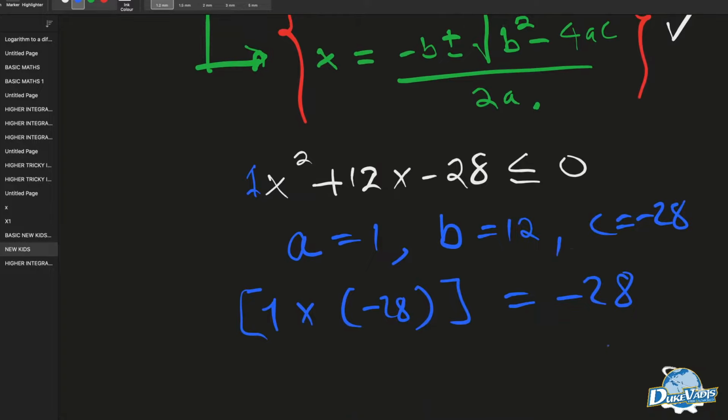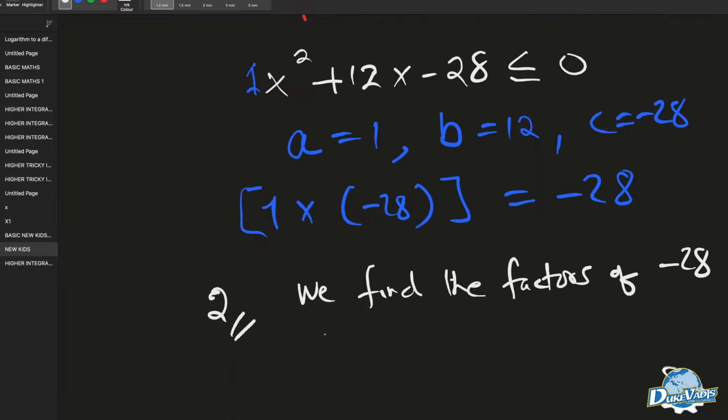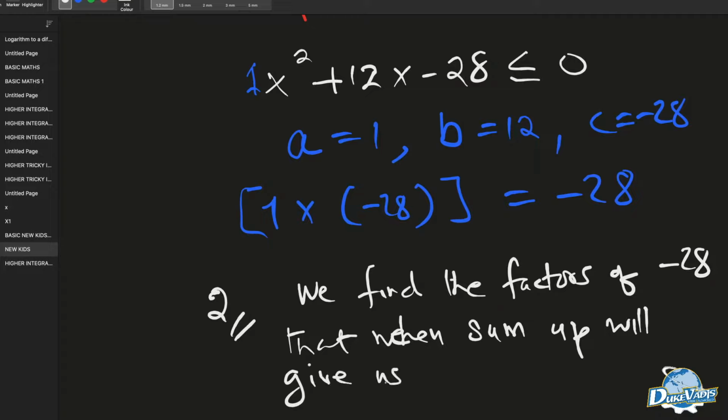So after multiplying the coefficient of x squared by the constant, the second step is we find the factors of negative 28 that, when we sum them up, will give us the value of B.